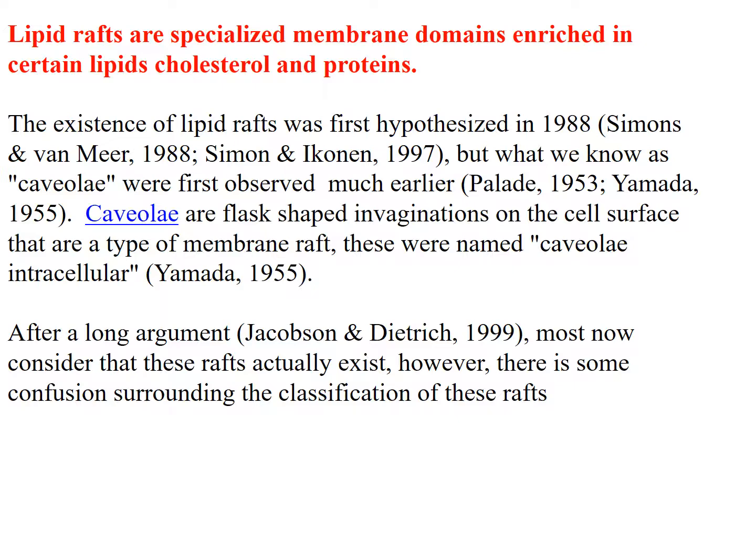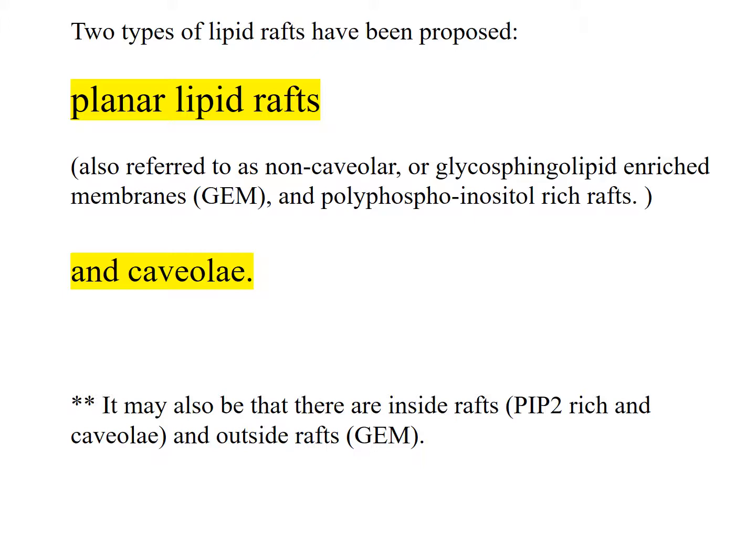But in the 50s, they would notice these structures called caveoli, and nobody really knew what they were. They looked like a little flask that was invaginated in the plasma membrane, and they were named caveoli. And now we know that caveoli are a type of lipid raft and a result of lipid rafts.